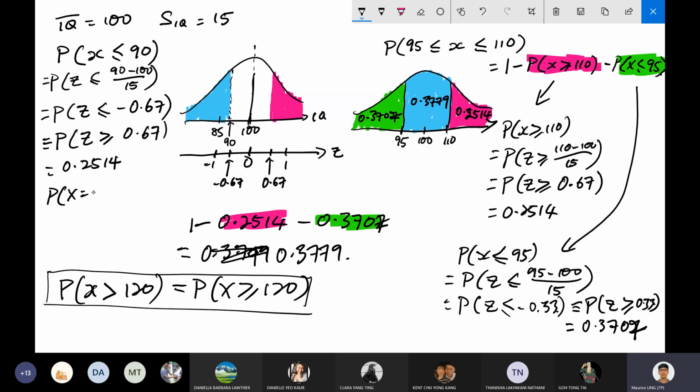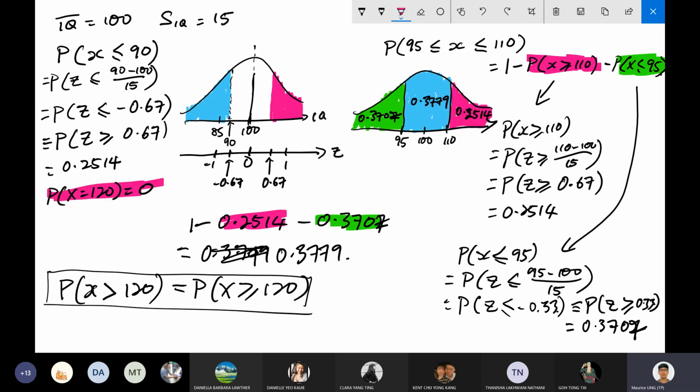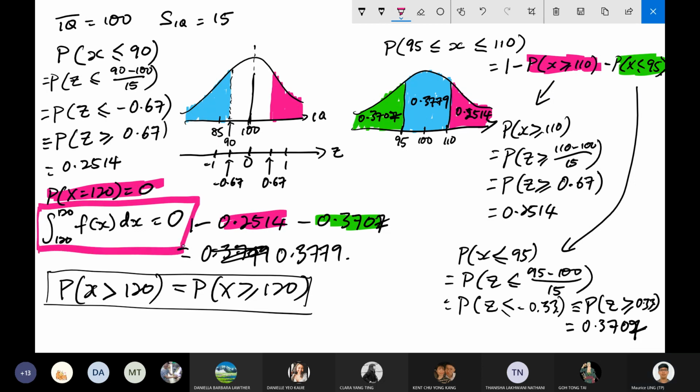For a normal distribution, the probability of equaling a specific number is actually 0, for a very simple reason: if you integrate from 120 to 120, it equals 0. So it doesn't matter here.